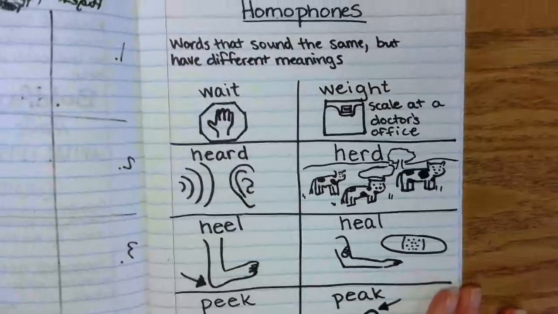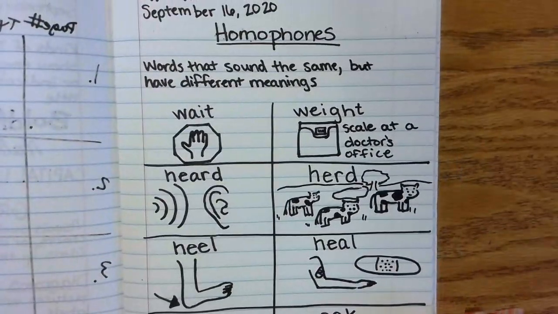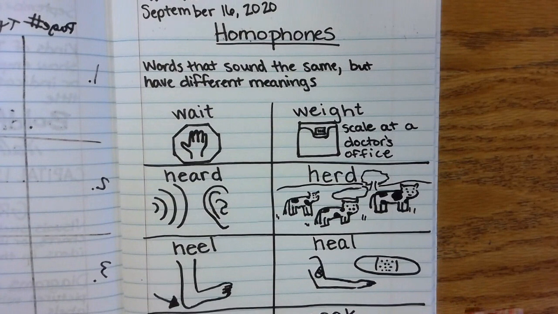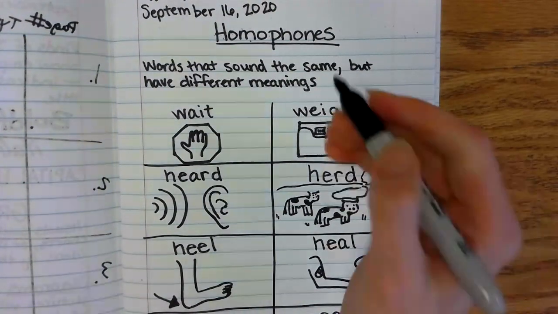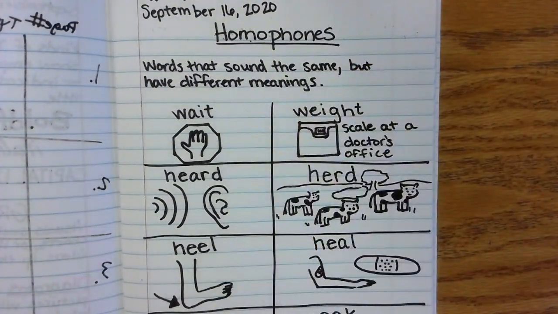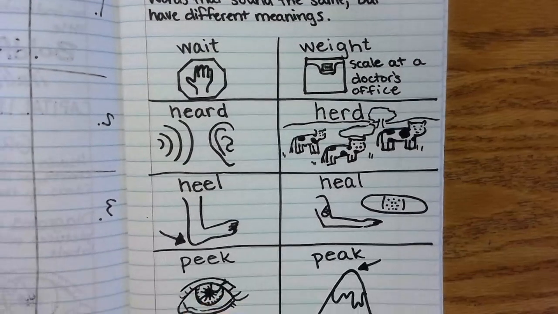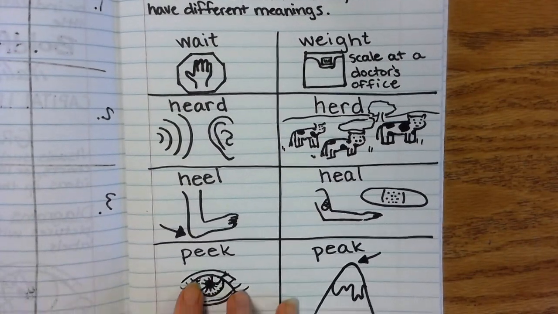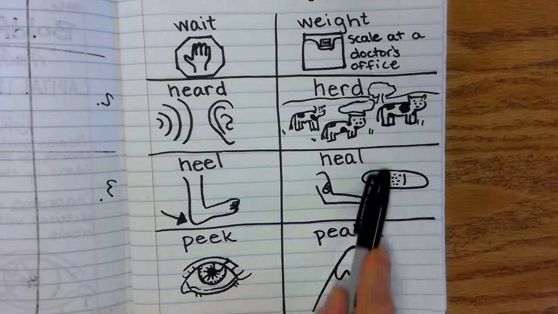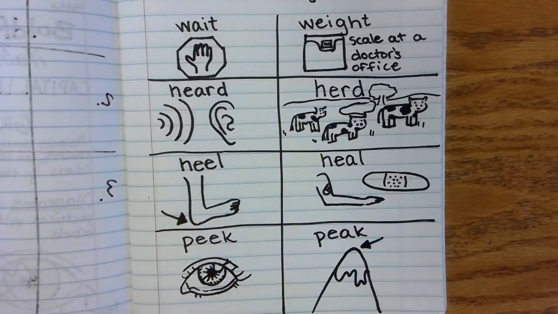These are all homophones. They're words that sound the same but have different meanings. And you know the different meanings because they have different spellings. Okay? We draw pictures to help us remember which spelling goes with which meaning.